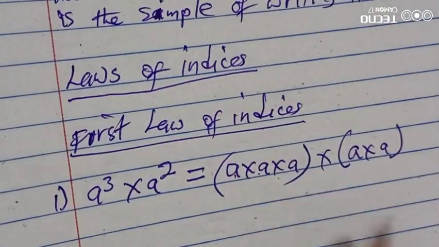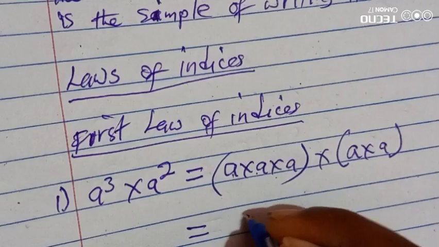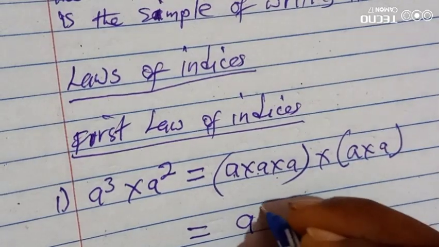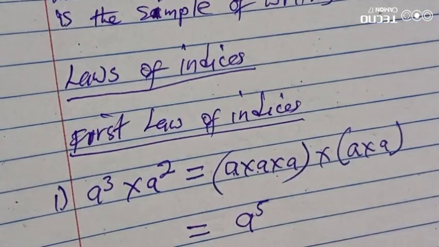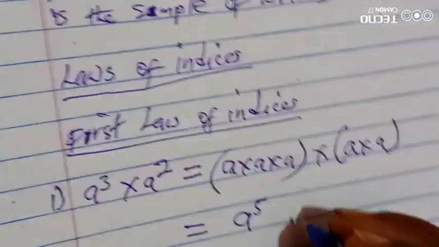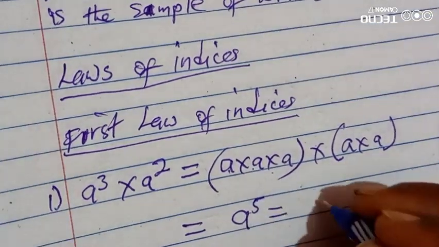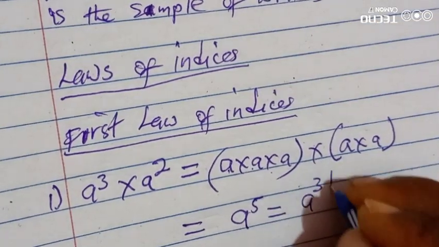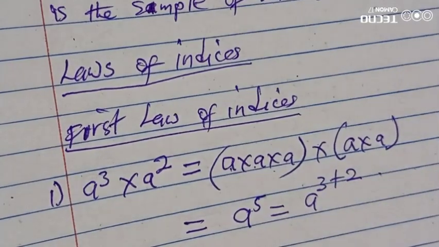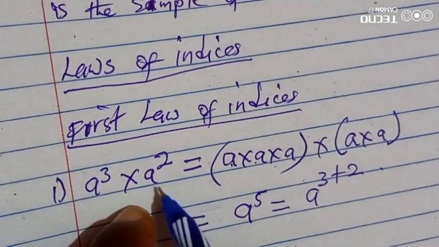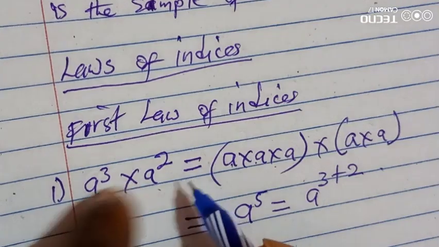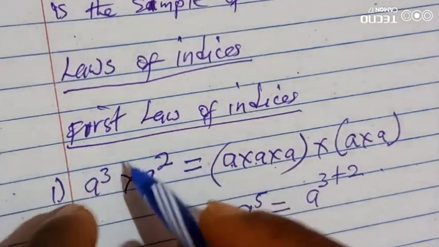Which will be equal to a to the fifth power, or which will also be equal to a to the power 3 plus 2. Because if you know that the bases are the same, you take one base and add the indices.